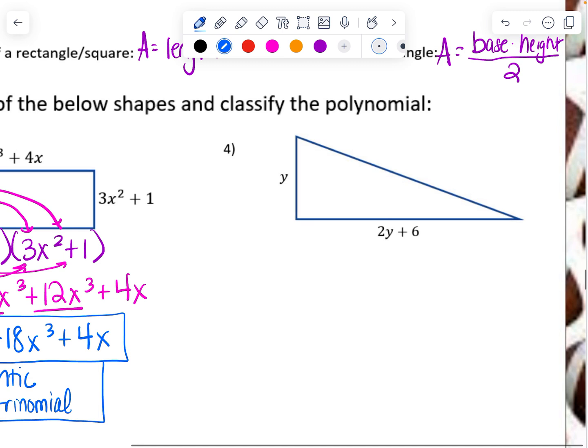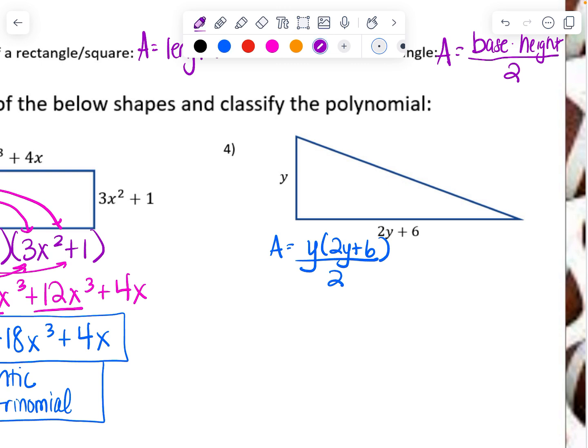All right, and then finding the area of a triangle where we're going to multiply, sorry, I'm going to take my area, actually, I'm going to rewrite that. I like my y up front. I'm going to say y times 2y plus 6, and I'm going to cut that in half. So first thing I need to do is multiply.